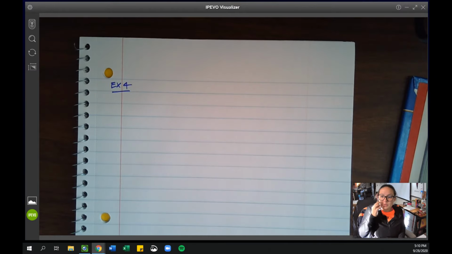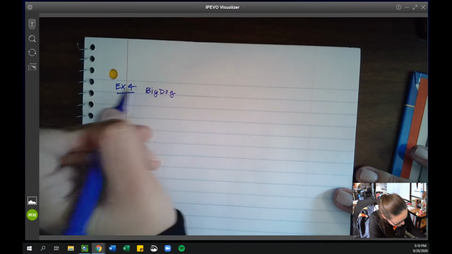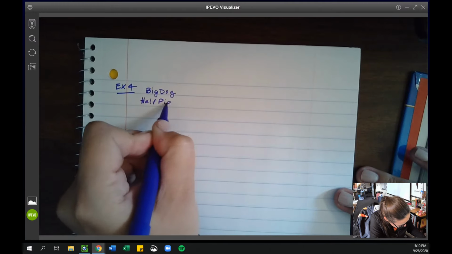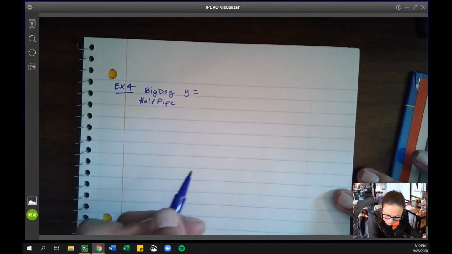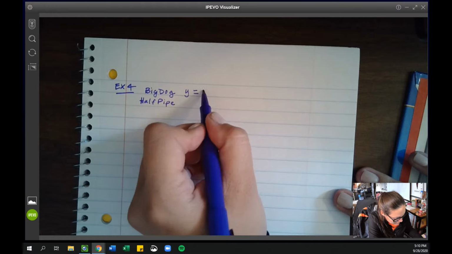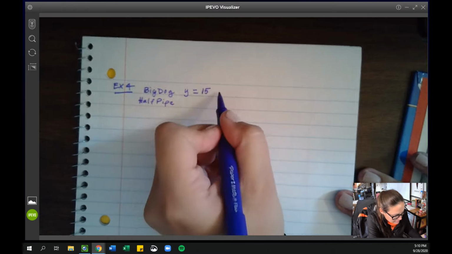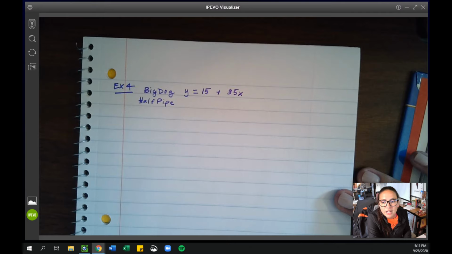Okay, so that means we need to write an equation for each of the different snowboarding companies. So we have Big Dog and we have Half Pipe. All right, so at Big Dog, my total cost, I pay $15 in equipment rental, and that's just a one-time fee. But then I pay 35x, 35 times the number of hours that I'm getting the lessons.